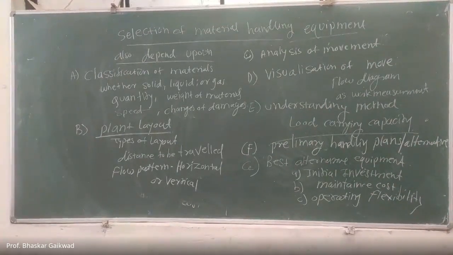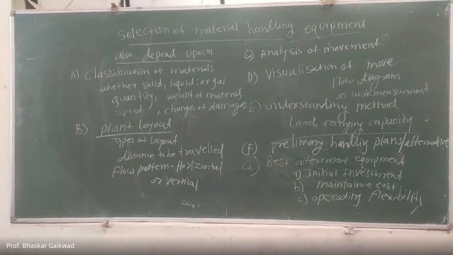Whenever continuous production is there, you always have to go for setting particular types of conveyors, maybe belt conveyors or chain conveyors, monorails, overhead cranes.